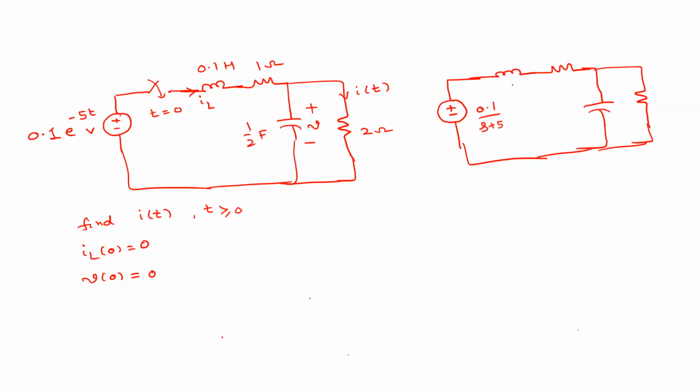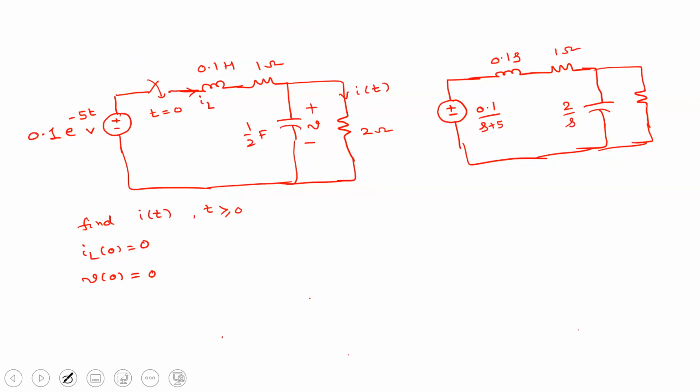So next, what is the Laplace for inductor if you have no initial conditions? 0.1 S. So the resistor remains the same, and this capacitor, 1 by 2 farad, how will it change? 2 by S. Good.